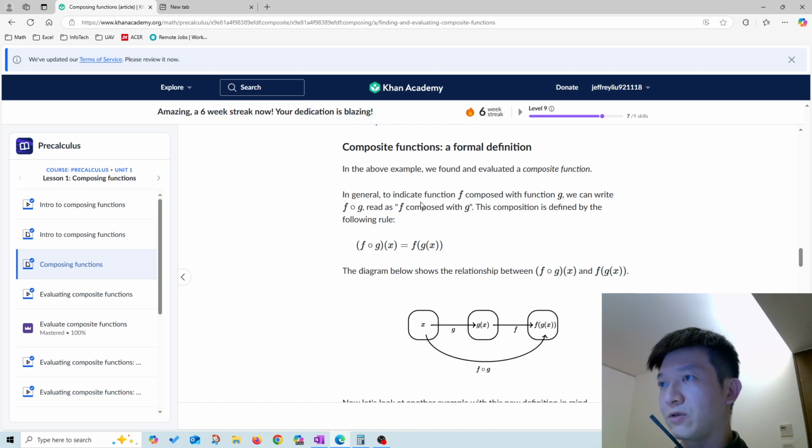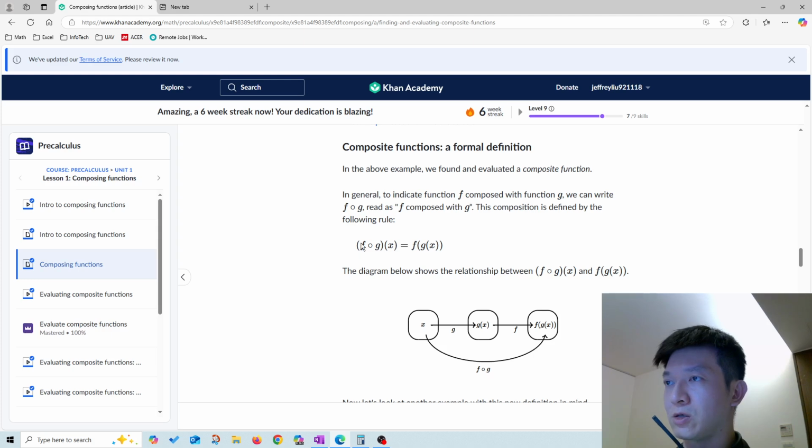So the only new thing that is introduced in this section is a notation, a formal definition of composite function. F composed with g: g is inside of f, so f is composed with g.